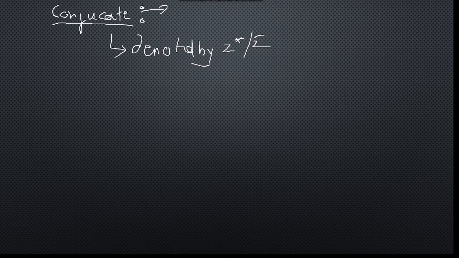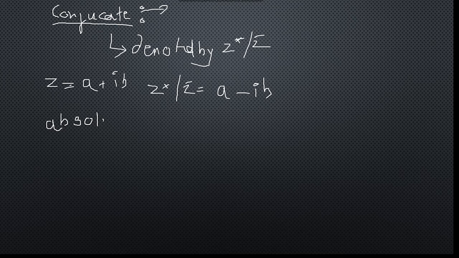Suppose Z is equal to A plus iota B, then its conjugate will be A minus iota B. That is, in case of conjugate, we just change the sign of the imaginary part.